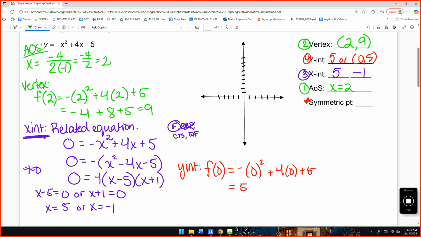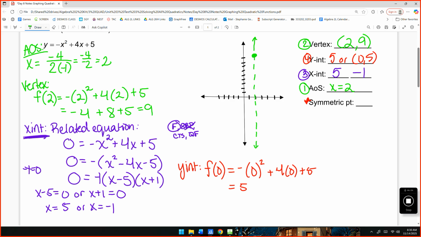So x equals 2 is my axis of symmetry. Ooh, this is rough to do on the screen. Wow, okay. Here's my axis of symmetry. (2, 9) is the vertex. Okay.